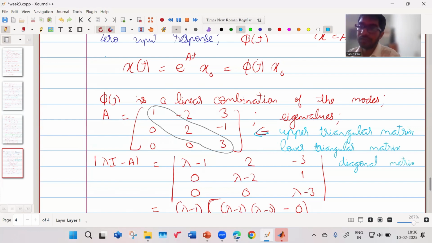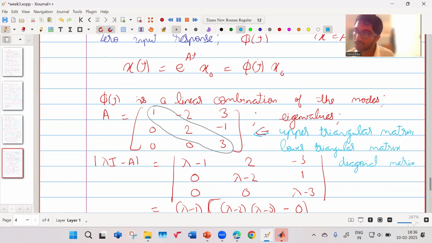So if this question comes in the exam, you don't need to find the eigenvalues and then find the modes and then say it is a linear combination of this. You have to work fast. So there's this property, a very nice property. You must learn to look at the question, observe it, and see if there is any property which is clicking.